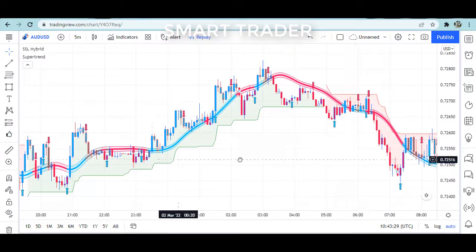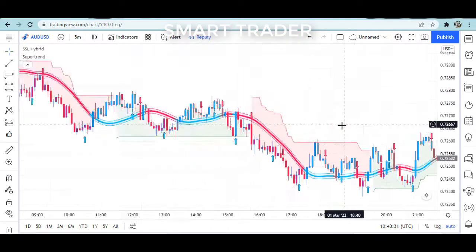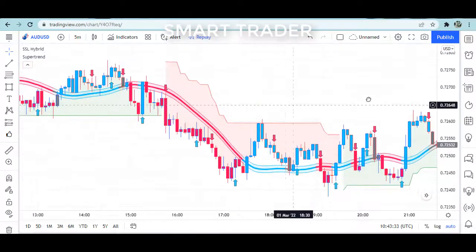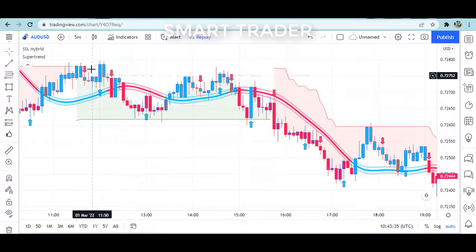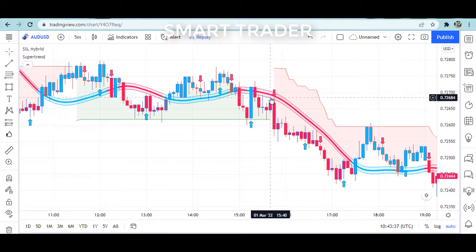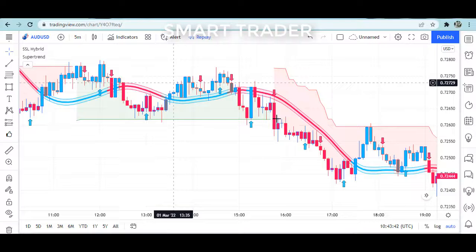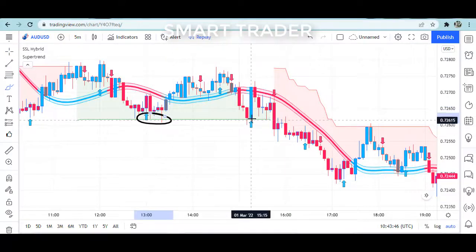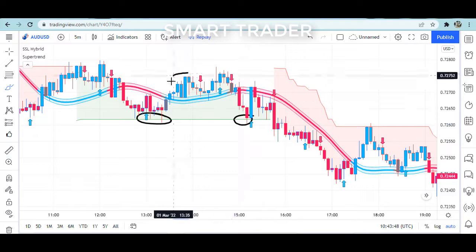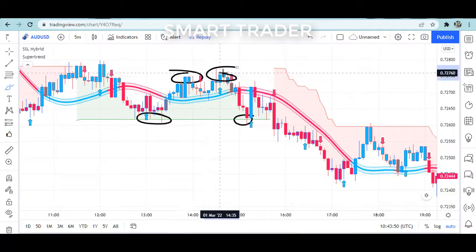I will show you a good looking sell signal. Okay, like this. Price below the two indicators. I hope you can see the trading range. One reject, two reject, one reject, two reject.